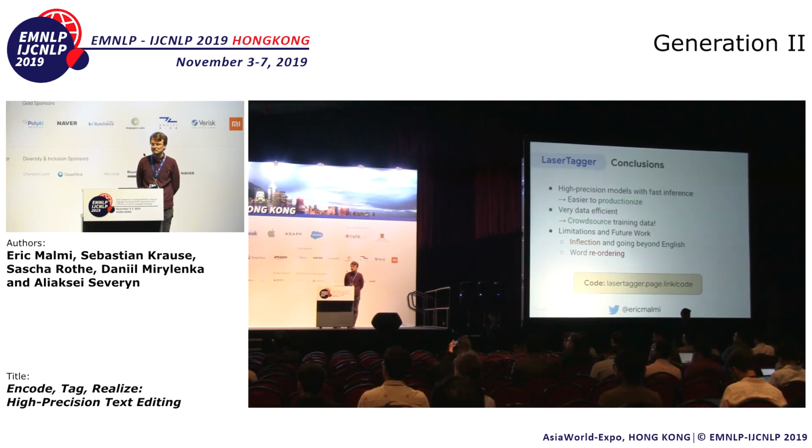If not, I have one quick question. Do you have thoughts on how this compares to these neural finite state transducer models, since it's also like insert, delete? So I'm not sure if I know exactly the methods you're referring to.